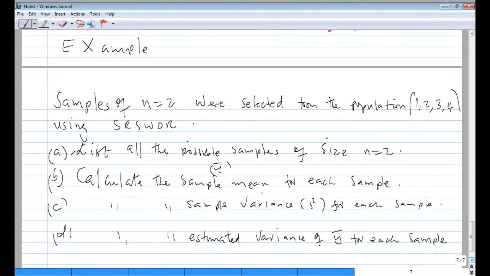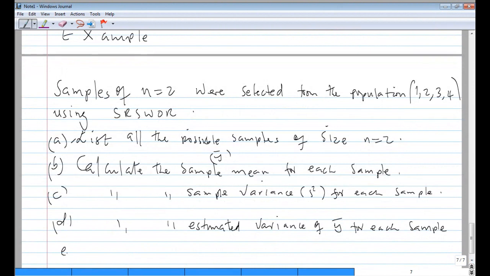The last one, E, calculate the estimated variance of the estimated population total for each sample. Those are the 5 things that I want you to do, but you can do it together.